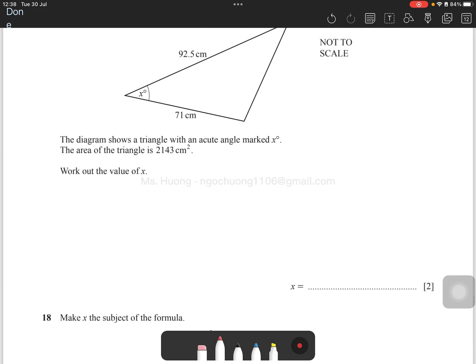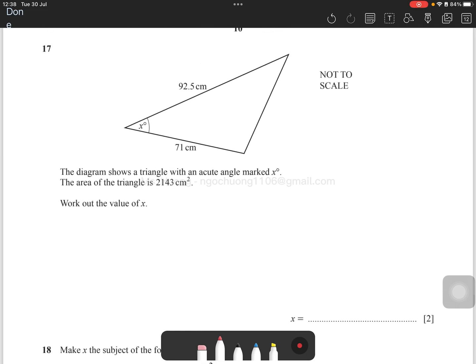Question 17. The diagram shows a triangle with an acute angle marked x. The area of the triangle is 2,143 square centimeters. Work out the value of x.